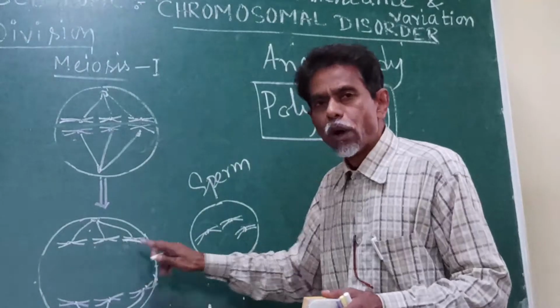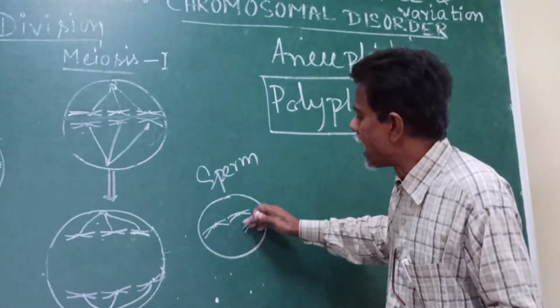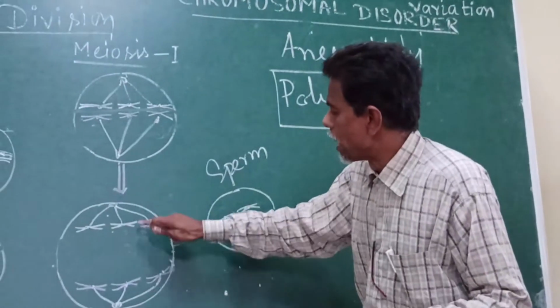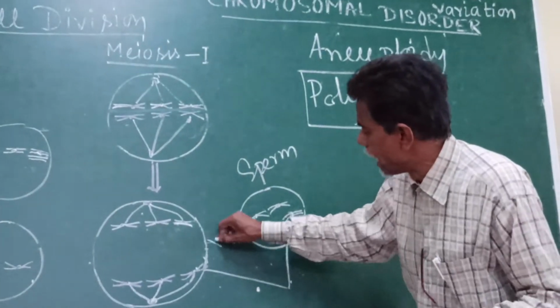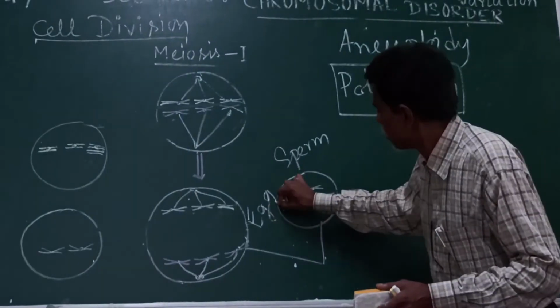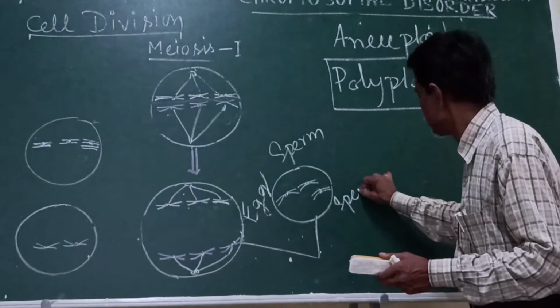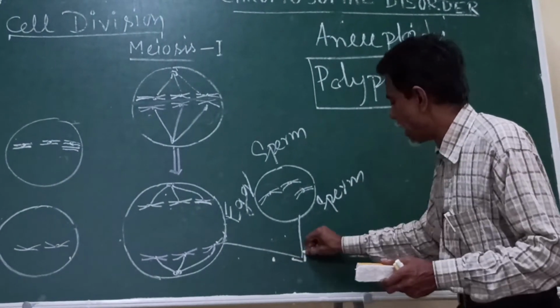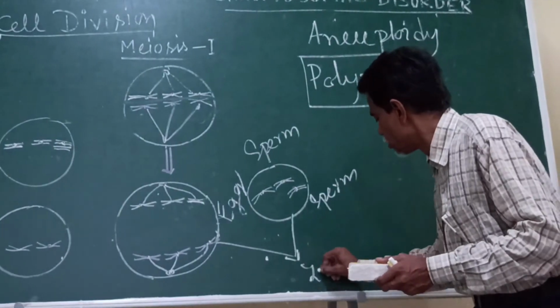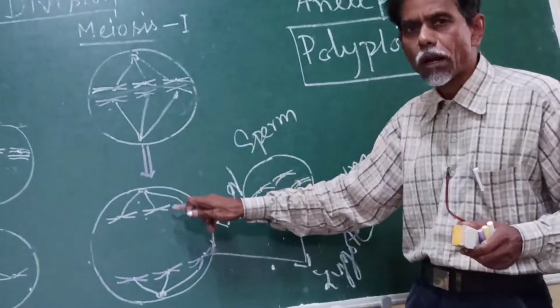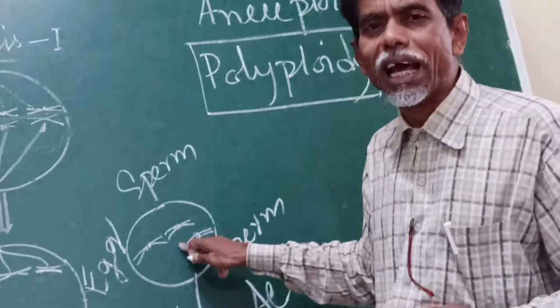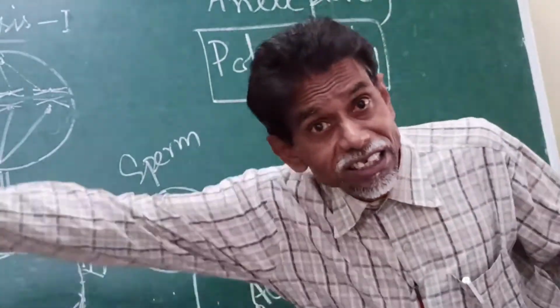That means when they fertilize, egg and sperm, they will form a zygote, and in this zygote, instead of 2 sets of chromosomes, it now has an additional entire set of chromosomes.